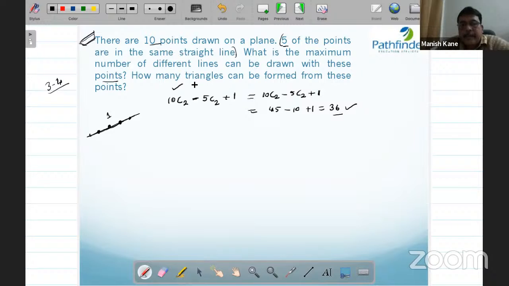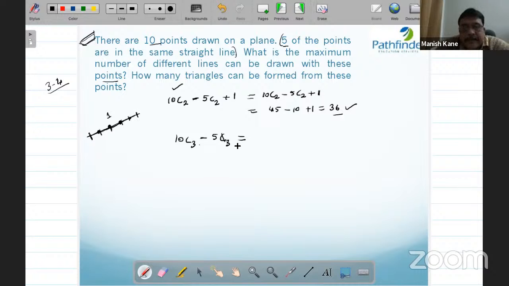Now, if there are 10 points in a plane, how many triangles? For triangles, you require 3 points. You need to select 3 points. So number of triangles will be 10C3. But again, these 5 points are in the same straight line and no triangle will be formed here. So you will have to subtract 5C3 triangles which would otherwise have been formed.